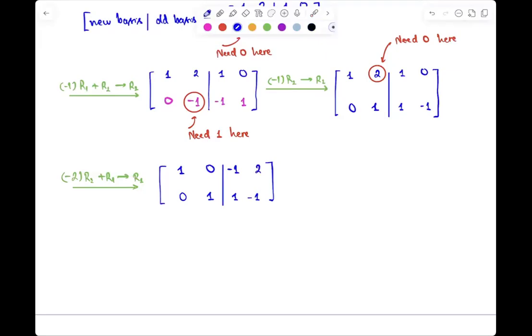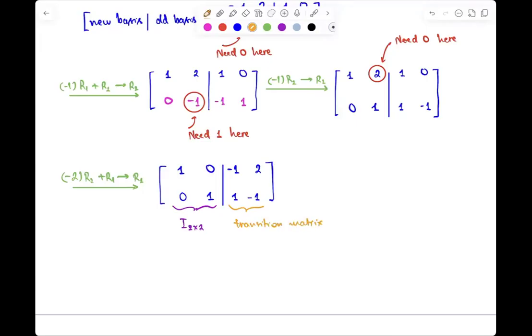Okay. Now, you're basically done, right? Because on the left-hand side of the vertical line, you have an identity matrix. This is a 2 by 2 identity matrix. And therefore, on the right-hand side of the vertical line, that is the transition matrix from B to B prime in this case.